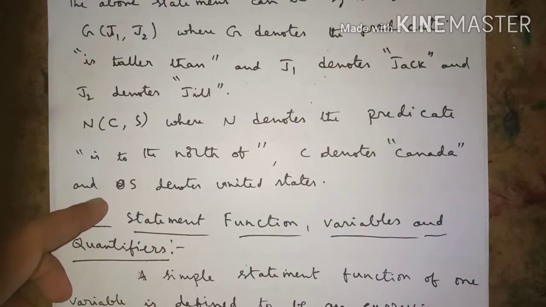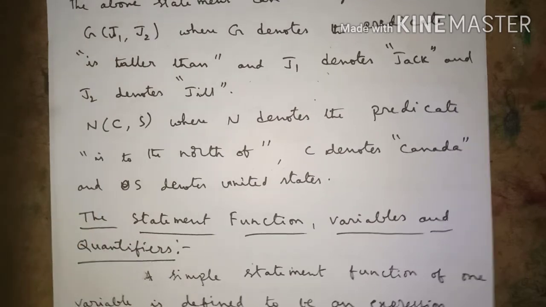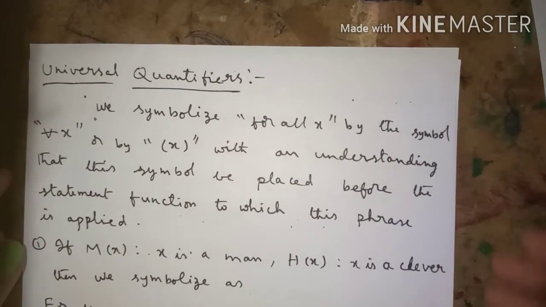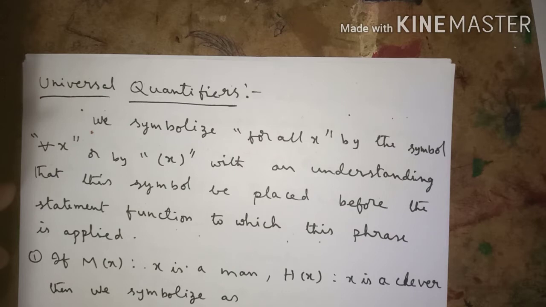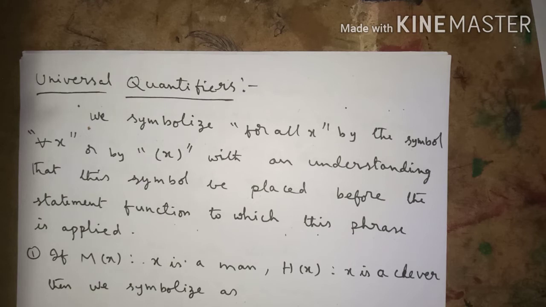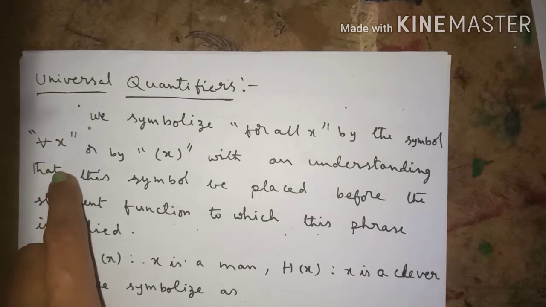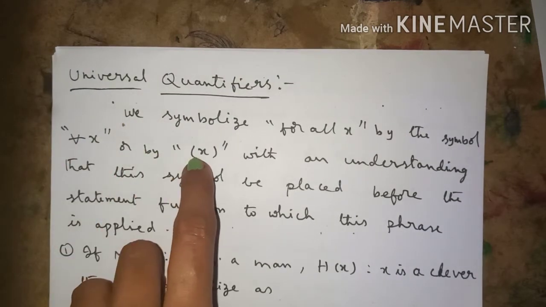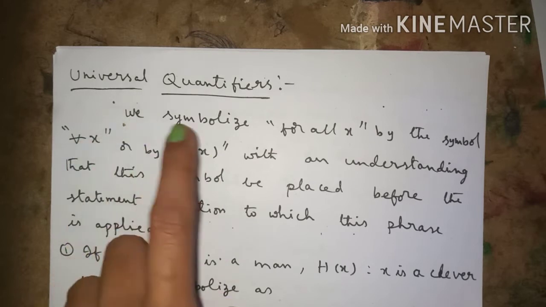Now, two important definitions, important for doing the problems: universal quantifiers and existential quantifiers. What is meant by universal quantifier? We symbolize for all x by the symbol for every x, or within brackets x; both are the same, either this or this.